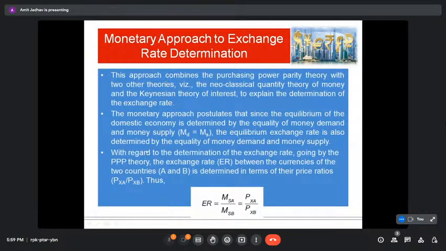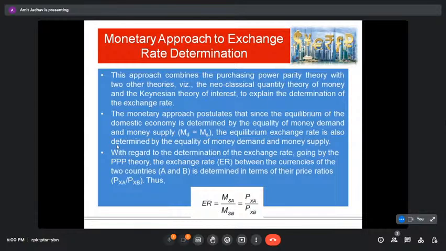Through the monetary approach, the exchange rate can also be determined, using an approach that combines the purchasing power parity theorem with other theories, such as the neoclassical quantity theory of money and the Keynesian theory of interest, to explain the determination of the exchange rate.